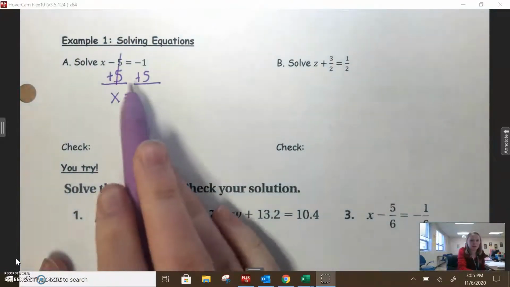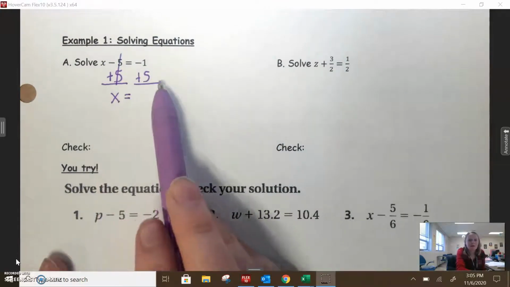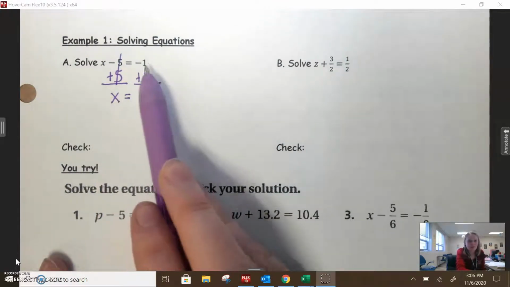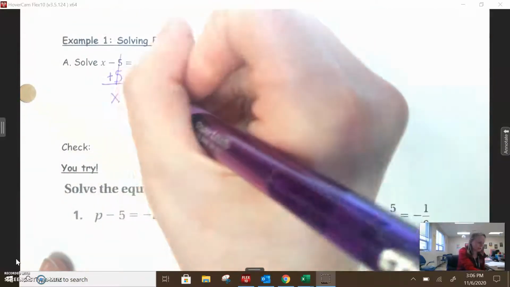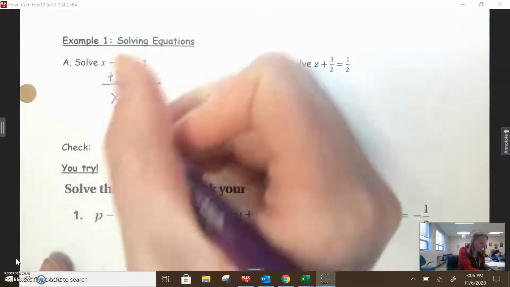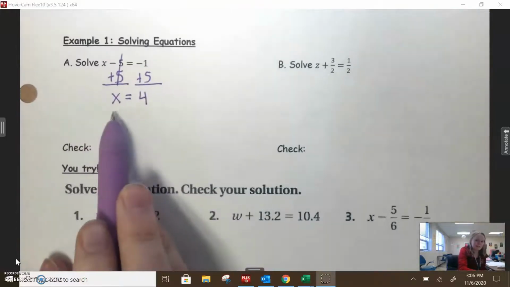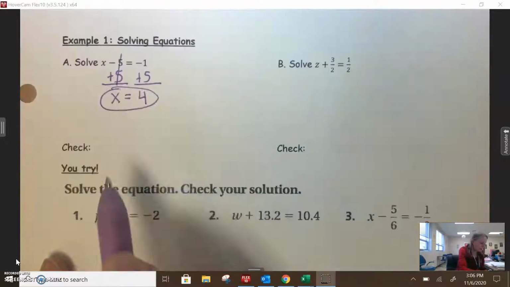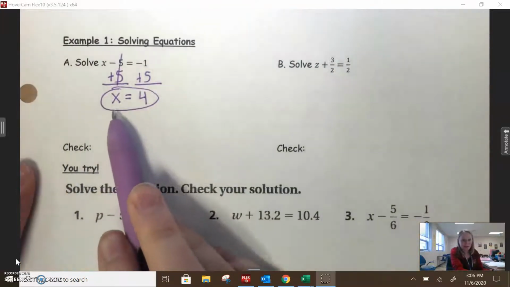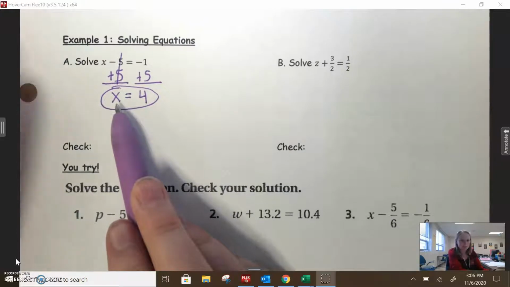The equal sign is always going to be in the middle here. It's like our wall. Now on the right side, we have to actually solve this. Negative 1 plus 5, if you think back to your integers, is going to give us 4. Since the x is now by itself, this means that we have our solution. The x has been successfully quarantined.